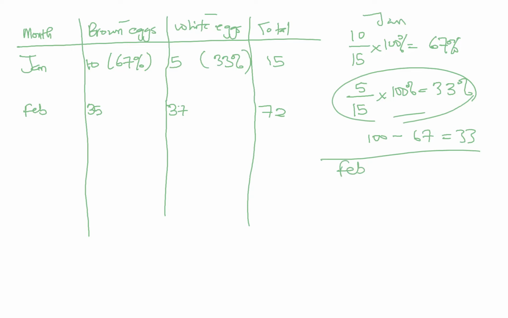The count of brown eggs in February is 35, total is 72, times 100%, and that gives us 49%, like I write it here.